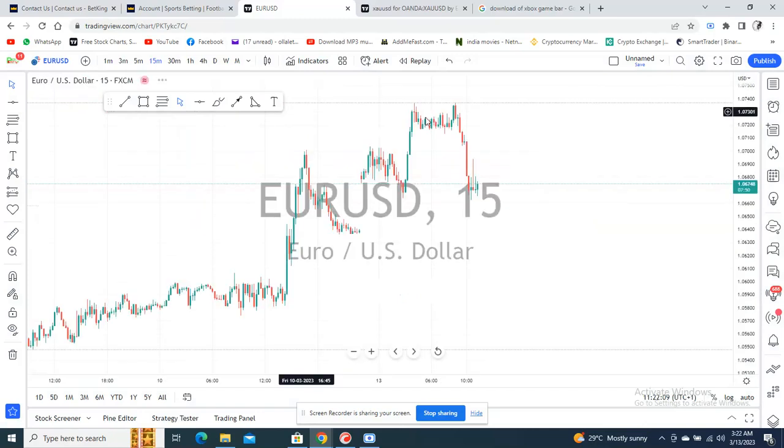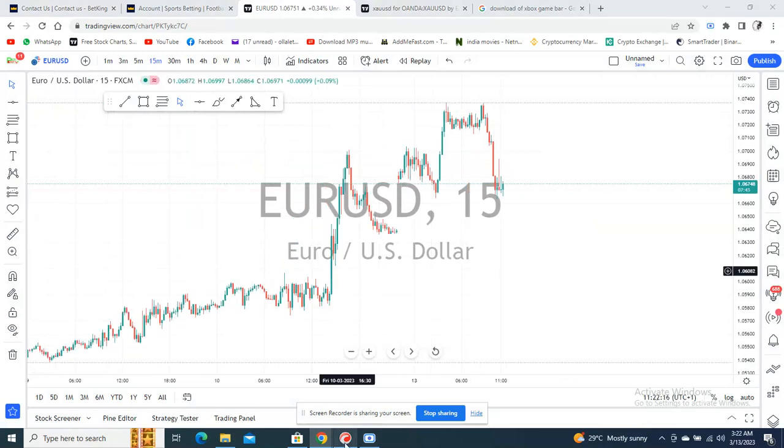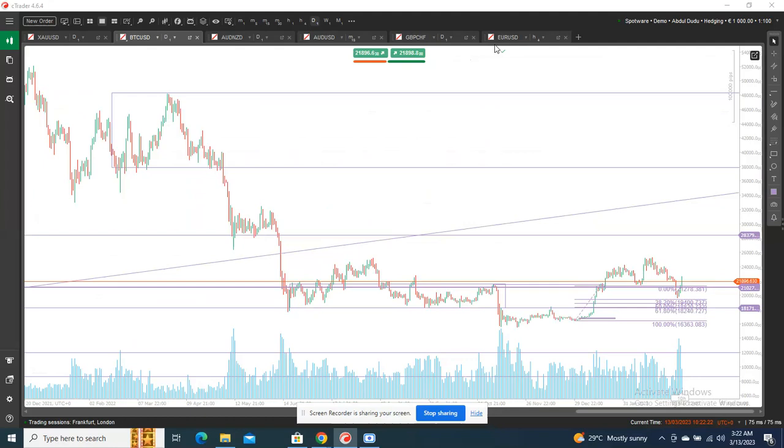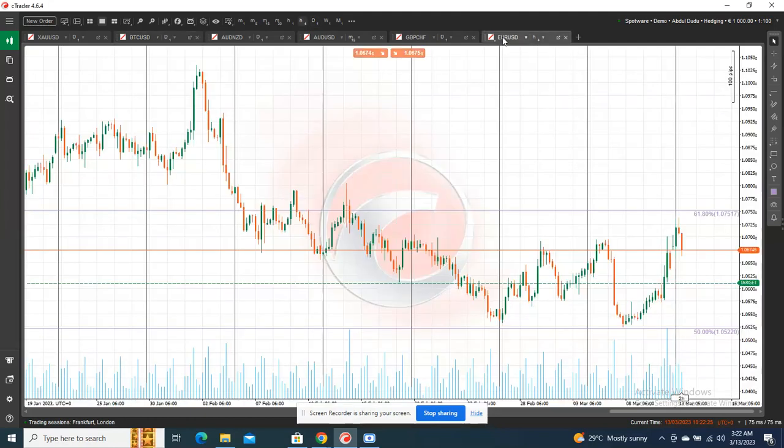Okay, let me use another tool. Now, in the case of Euro USD, this is Euro USD on the 15-minute time frame as well. I don't know what really happened with this one now. Euro USD. Now, let's pick Euro USD from the daily time frame.